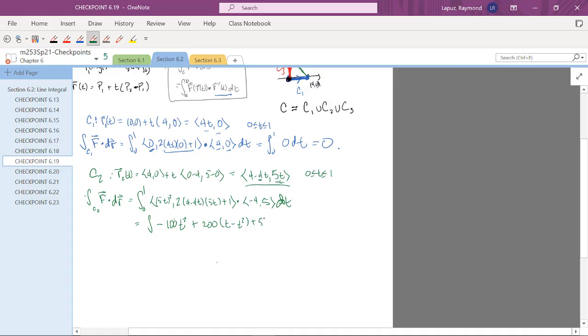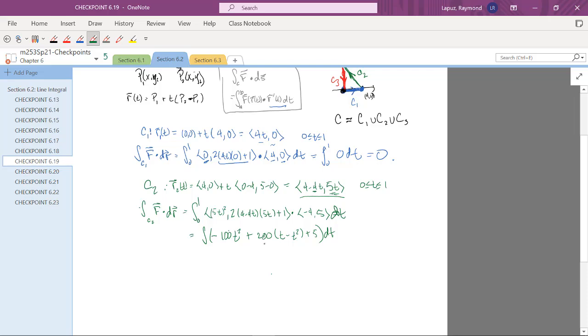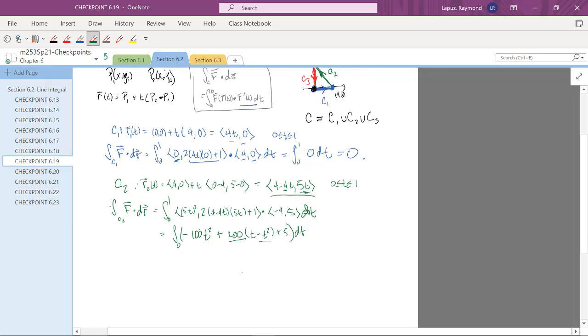All right. This is our integral. We could probably stand to simplify a little bit. I'll start off with the 200s. There's a negative 100 minus 200. This is an integral from 0 to 1 of minus 300 t squared plus 200 t plus constant 5 dt.